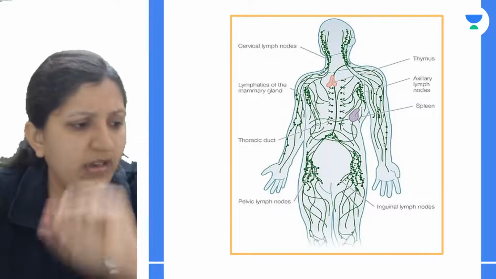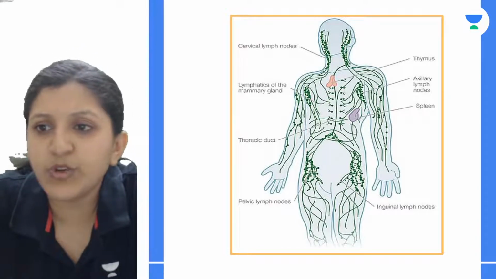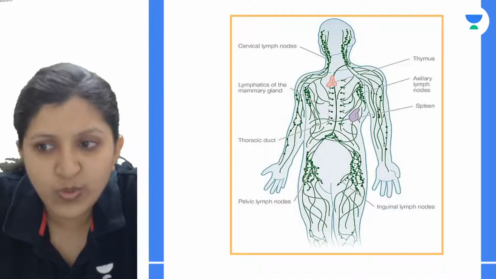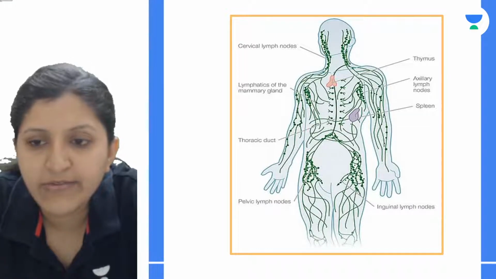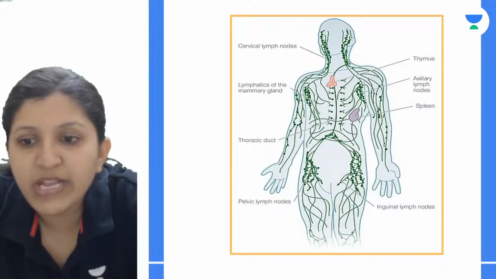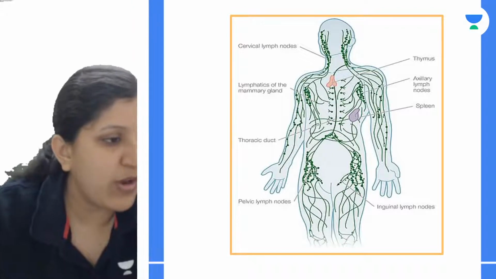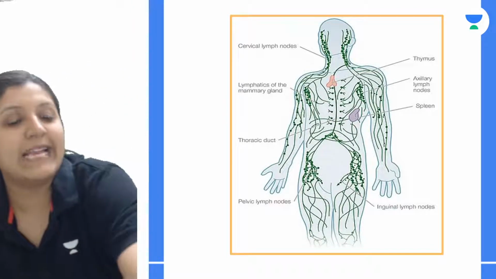Here you can see the structure of the lymphatic system. Thymus, axillary lymph nodes are mentioned, spleen is given, thoracic duct, and this is the pelvic lymph nodes. So you can find the lymph nodes throughout the body, in the lymphatic system. So what exactly is it doing?